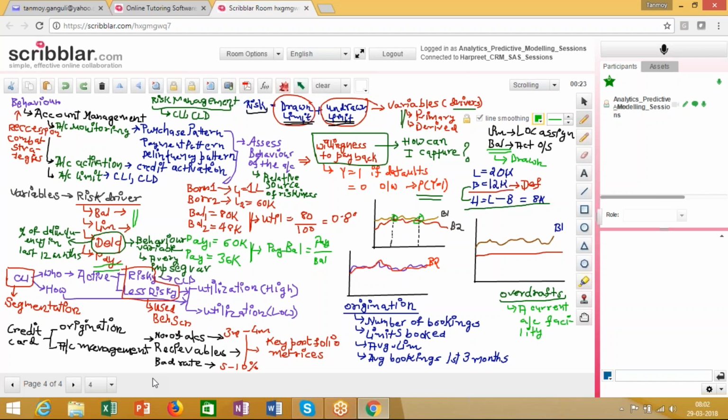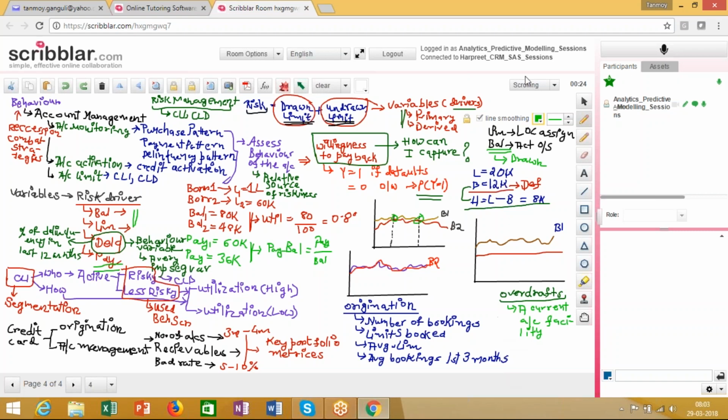I can exhaust my overdraft limit, and until and unless I pay back some amount, my limits are not released or freed up, and hence I cannot take it up for further usage. So this is where the role of overdraft comes in. Overdraft forms a part of a current account facility.